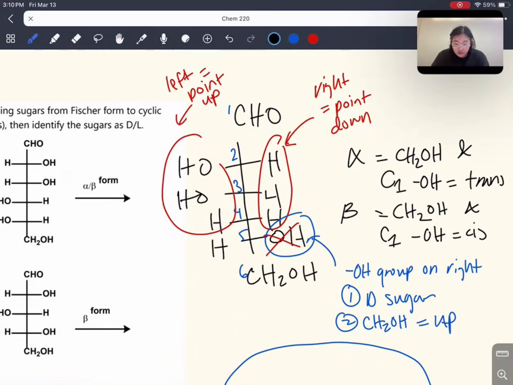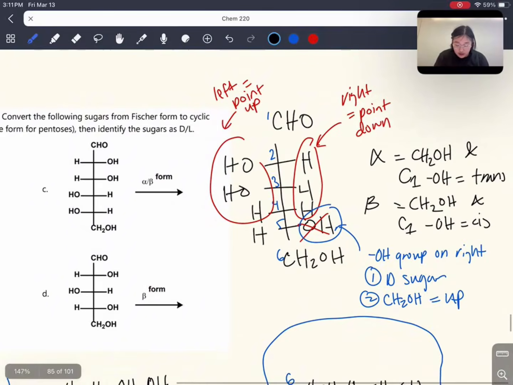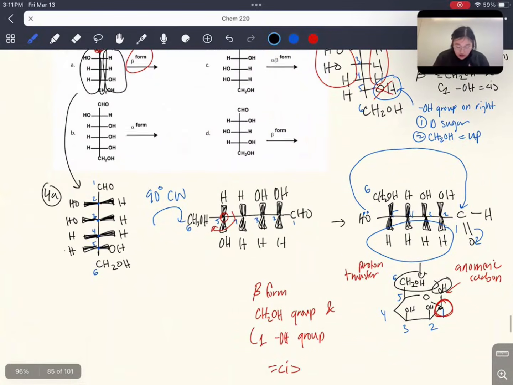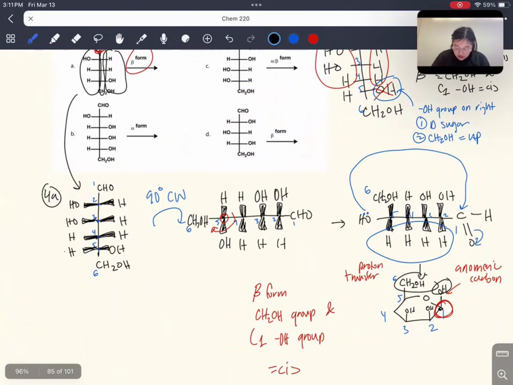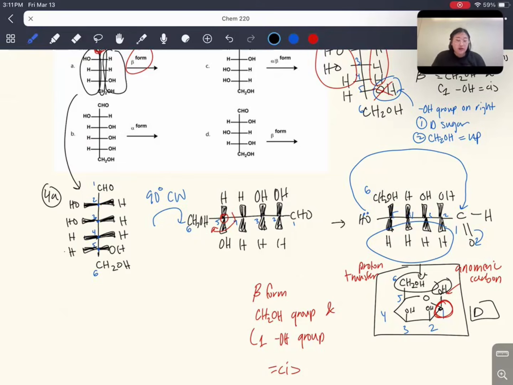Okay, so now knowing the shortcut way to do it, I'm going to show you how to do the other three parts of this question. Again, the answer to our first question is that this is what the cyclic form would look like. And it is a D sugar since the bottommost chiral carbon has an OH group located on the right.